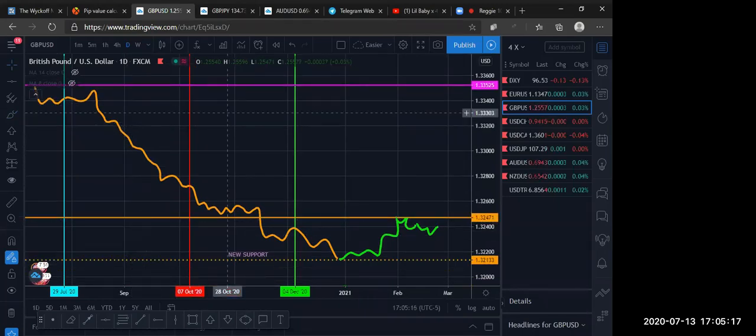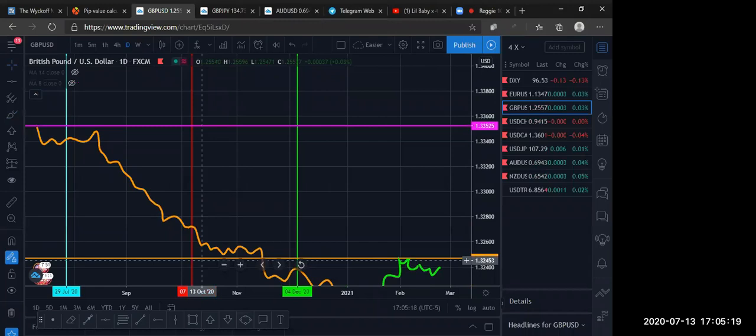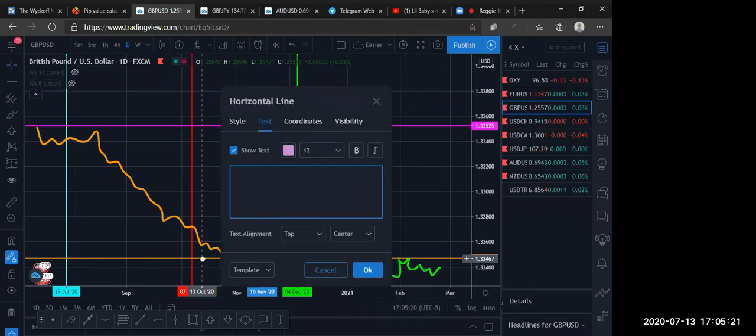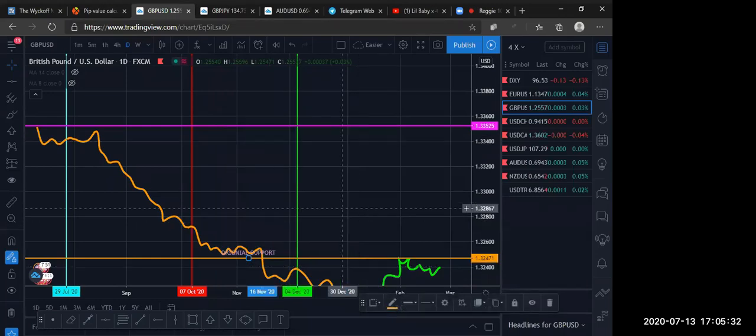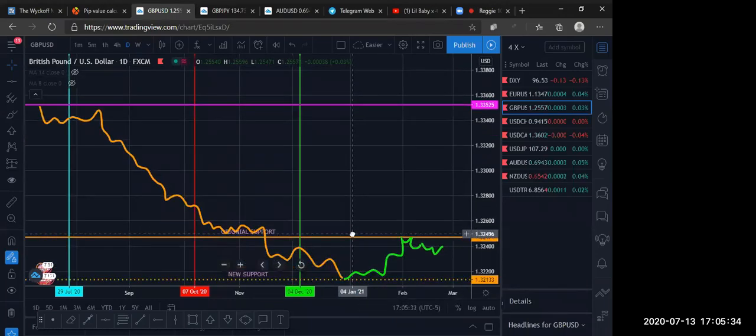So let me just go back a little bit. This is original support, because that was the first support line that I plotted on here. Can't even see it.